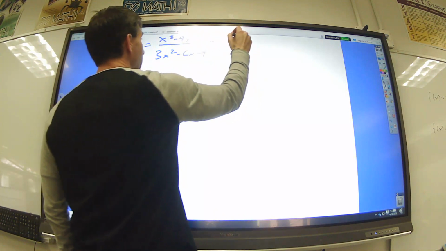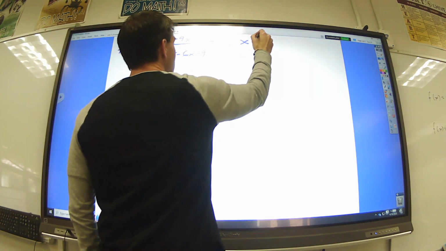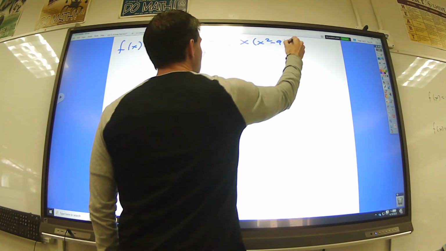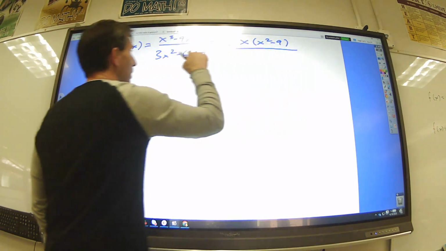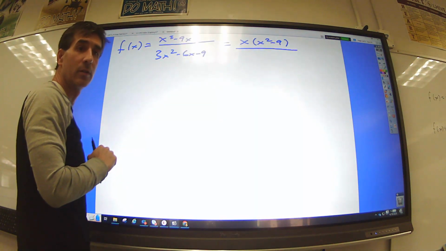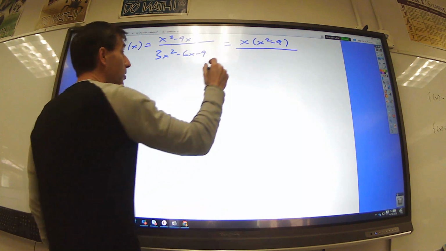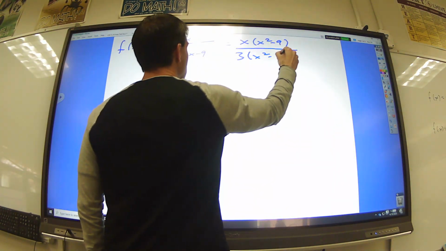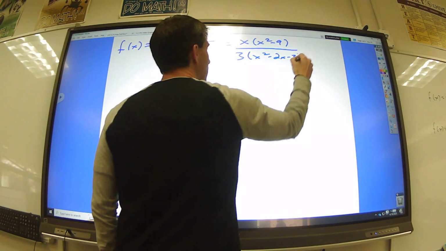Instead of x cubed minus 9x, I'm going to factor out an x and say x times (x squared minus 9). For my denominator, what's my greatest common factor there? 3. So I'll say 3 times (x squared minus 2x minus 3).